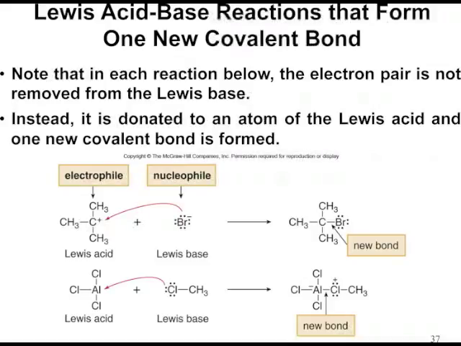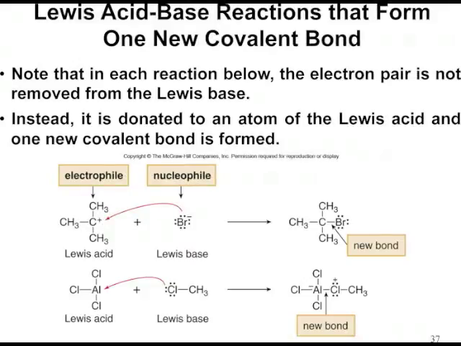And importantly, Lewis acid-base reactions result very often in the formation of a new covalent bond. So when we have a carbocation, which is an electrophile, and a halide, here Br-, which is a nucleophile, then both can recombine to form a neutral molecule.